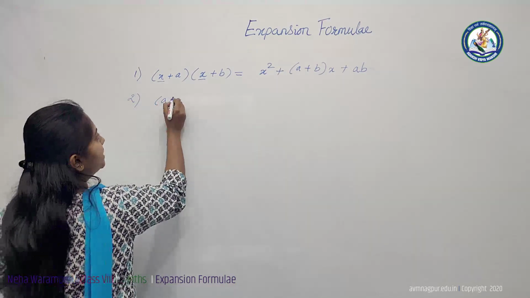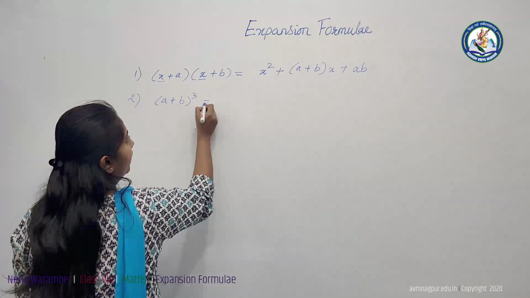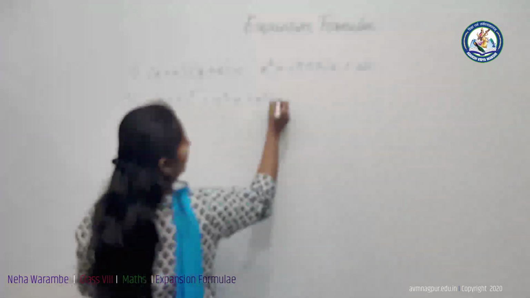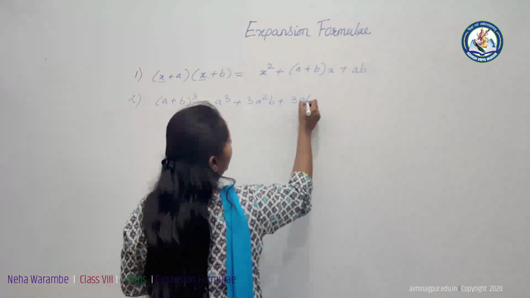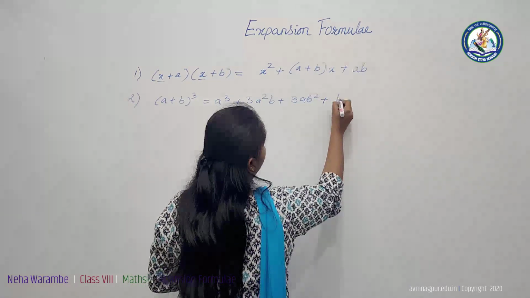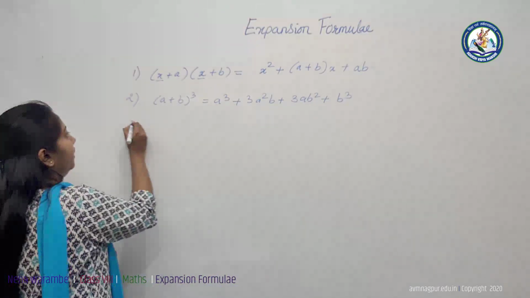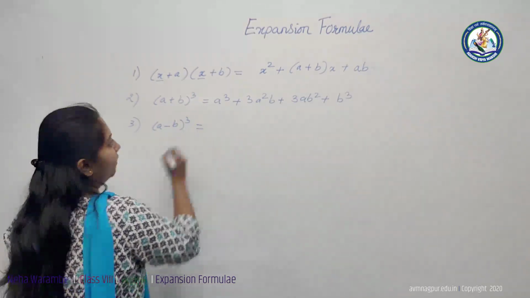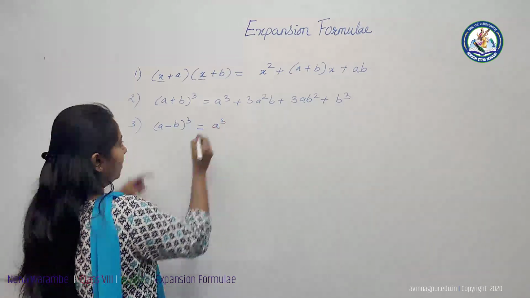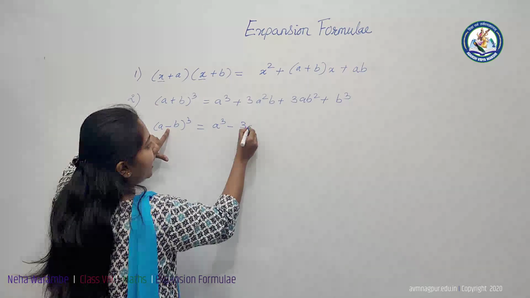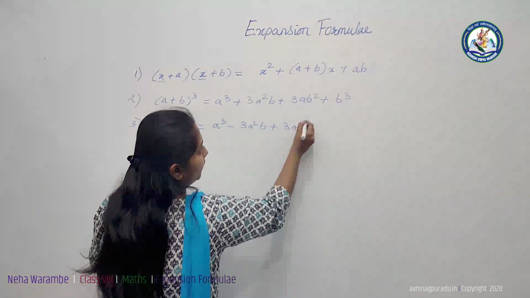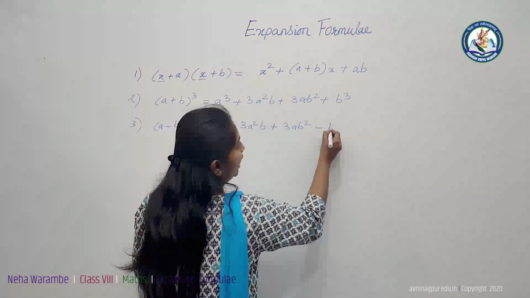The second formula is a plus b whole cube is equal to a cube plus 3a square b plus 3ab square plus b cube. The third one is a minus b whole cube is equal to a cube minus 3a square b plus 3ab square minus b cube.